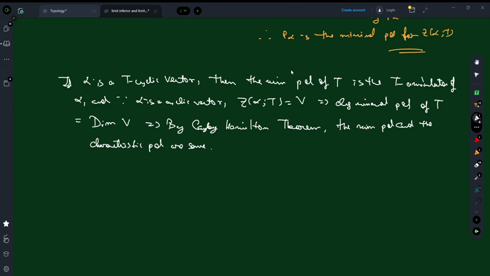But if for some linear operator it has a cyclic vector, then the minimal polynomial of that operator must be equal to the characteristic polynomial of that operator.